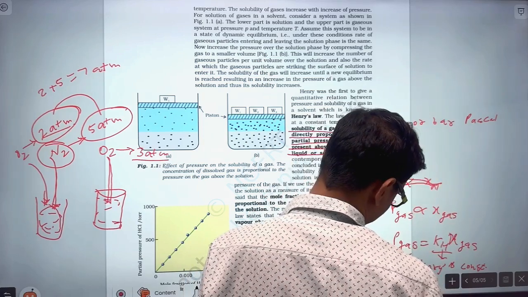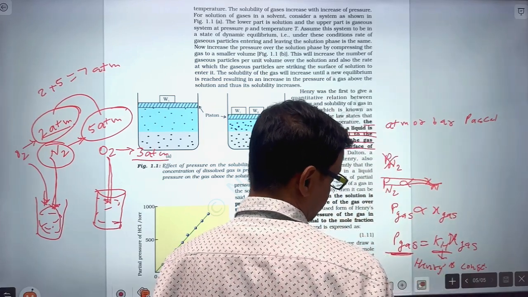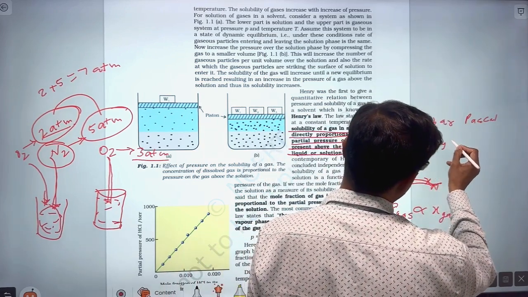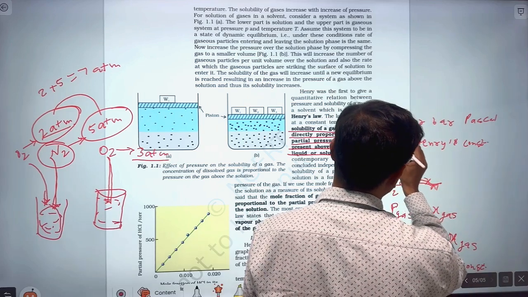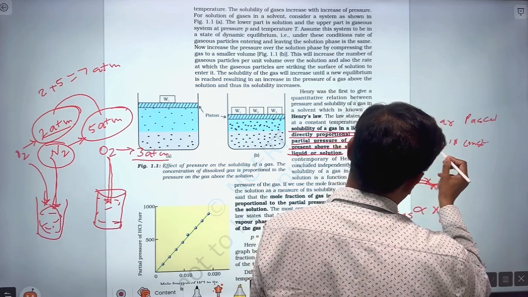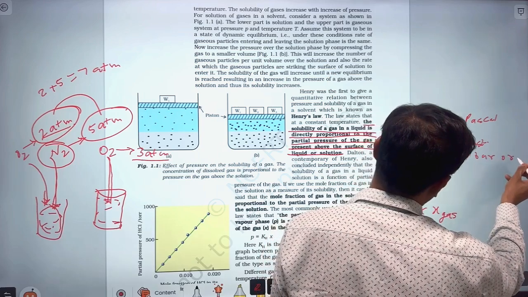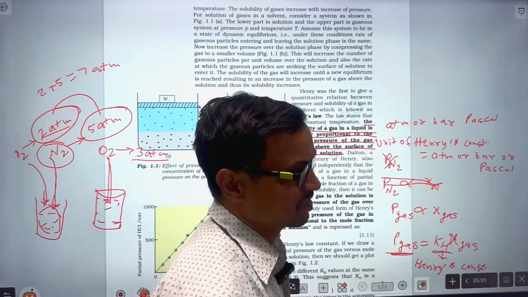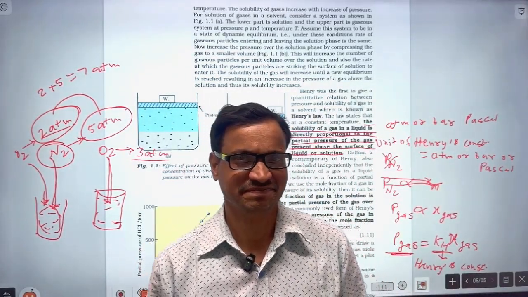So the unit of Henry's constant will be the same as that of partial pressure, that is, atm or bar or Pascal or any other unit of pressure.